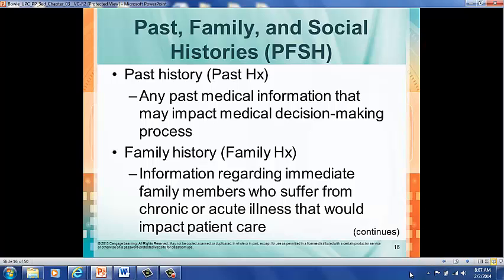Family history includes information regarding immediate family members who suffer from a chronic or acute illness that would impact care of the patient during either the current encounter or future encounters. Typically, a complete family history is obtained during the annual physical examination or an initial visit to initiate care and is updated as needed.